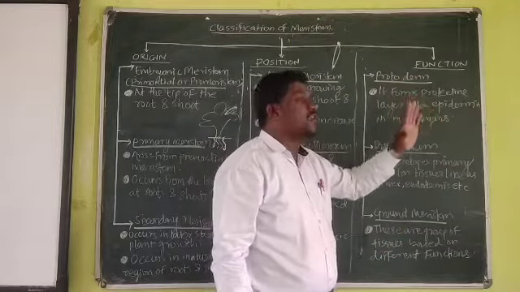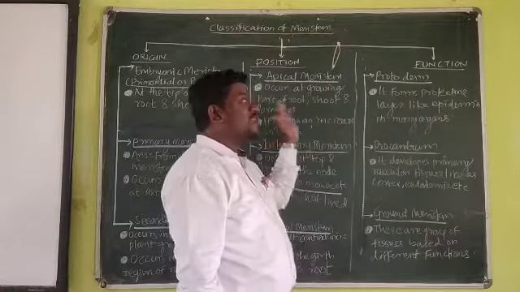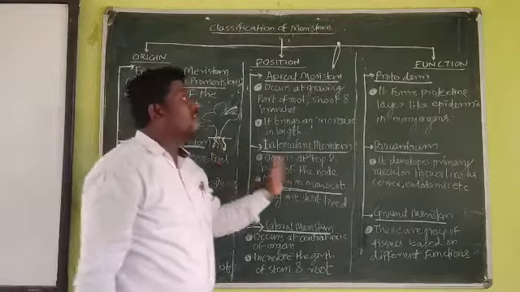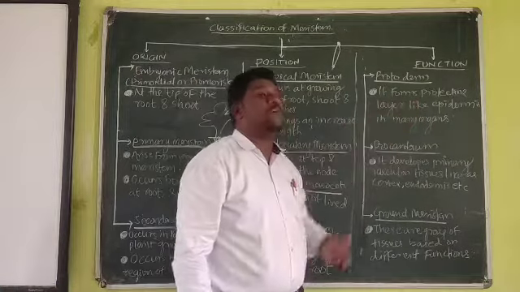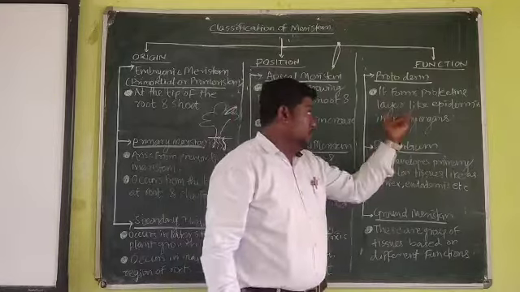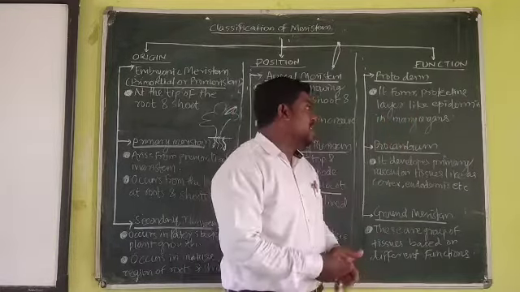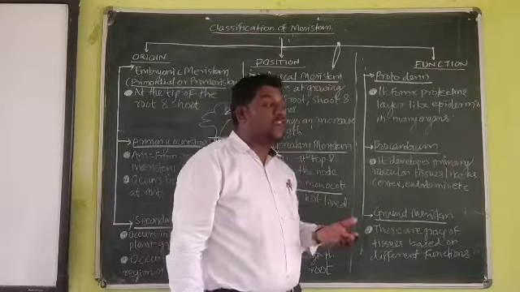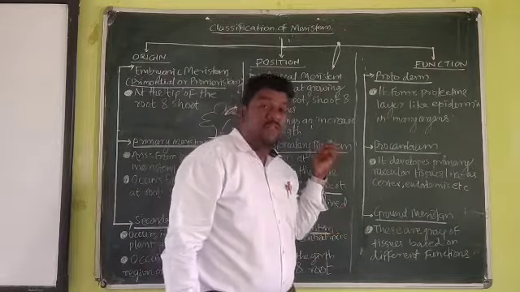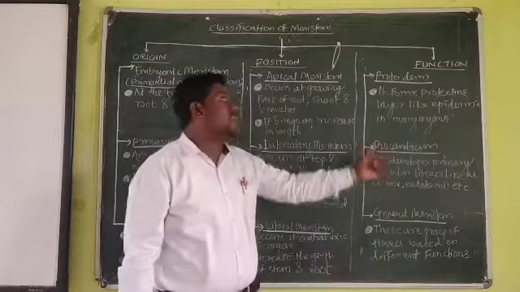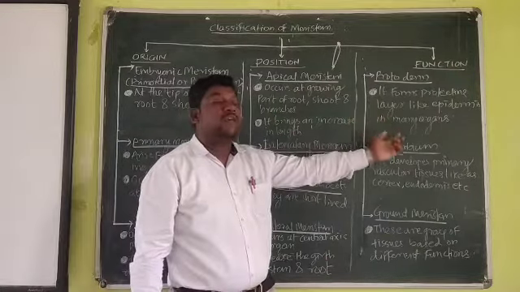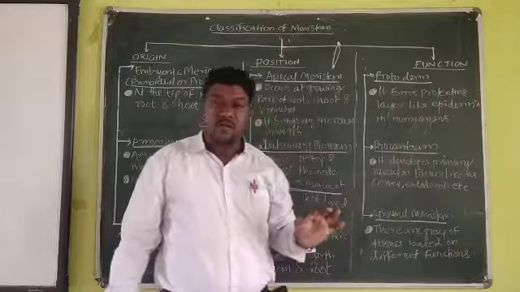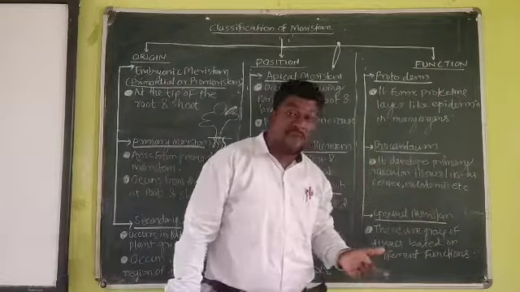Protoderm forms the protective layer. We saw the position and origin of particular meristems, now their function. So protoderm meristems form the protective layer like epidermis in many organs. In most plant organs the epidermis, which is called the protective layer, is formed with the help of protoderm meristem. Got it? Second, the procambium.